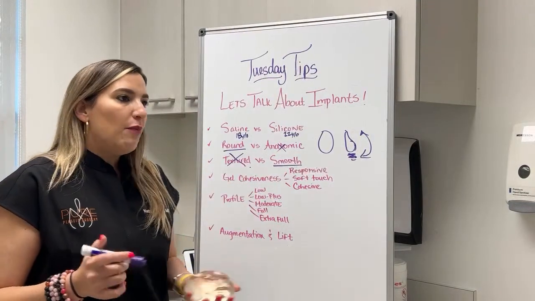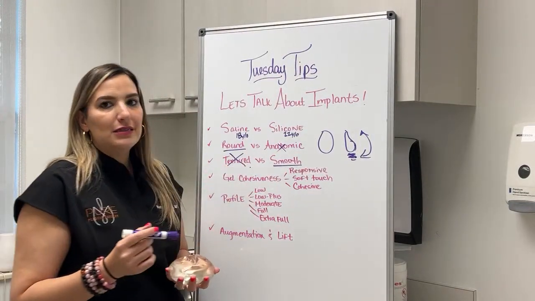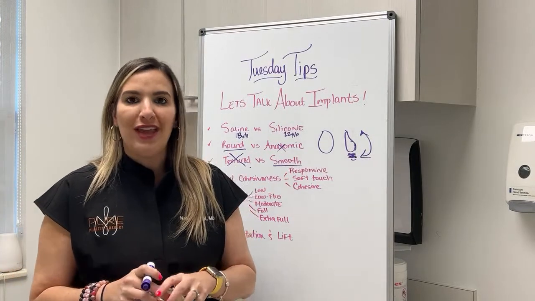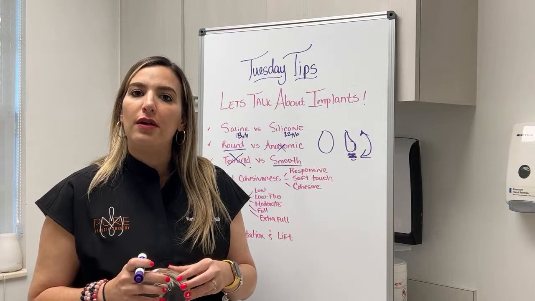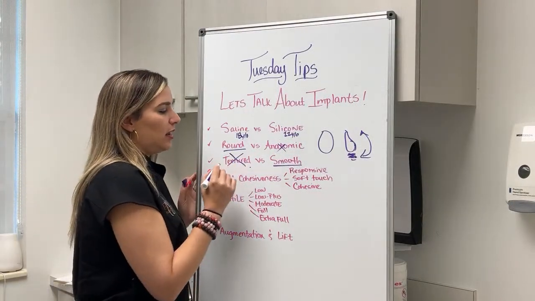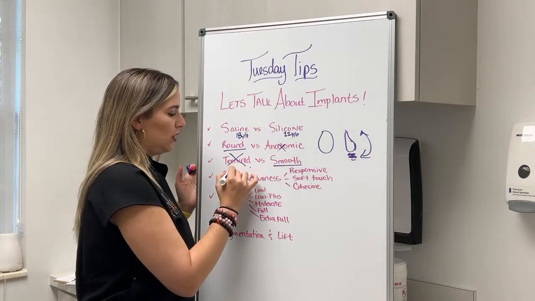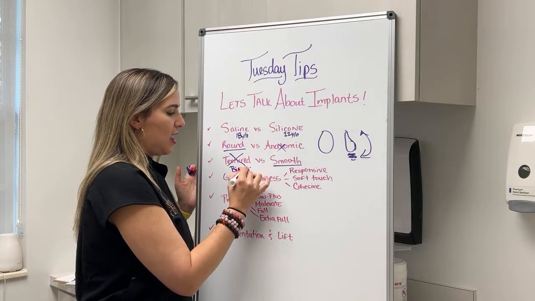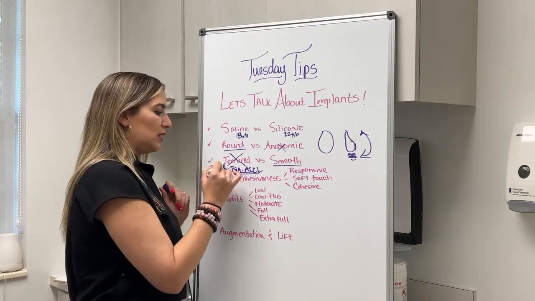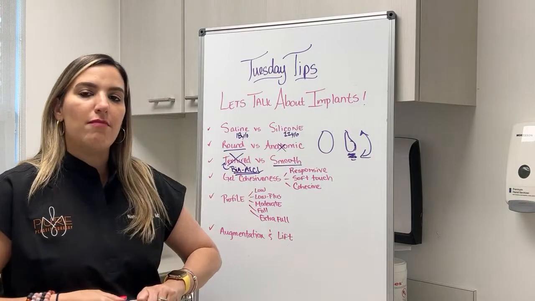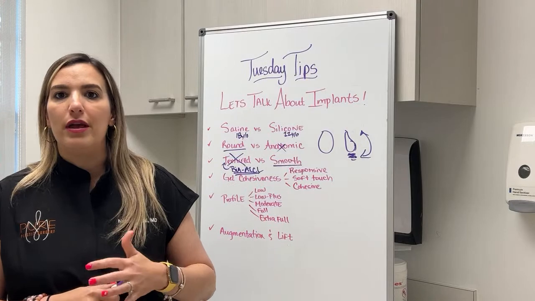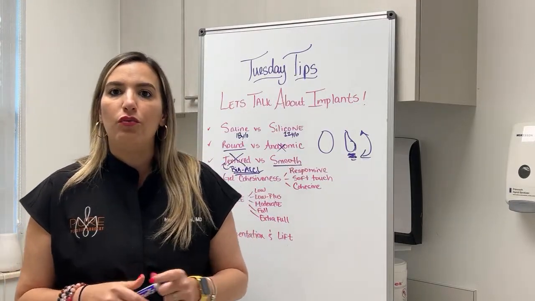The problem with textured implants is that in the last few years, we've seen, unfortunately, a type of cancer associated with textured implants, and that is called breast implant associated large cell lymphoma. So it's BIA-ALCL, okay? Because of this association, textured implants were removed from the market in the United States, and they were actually recalled.